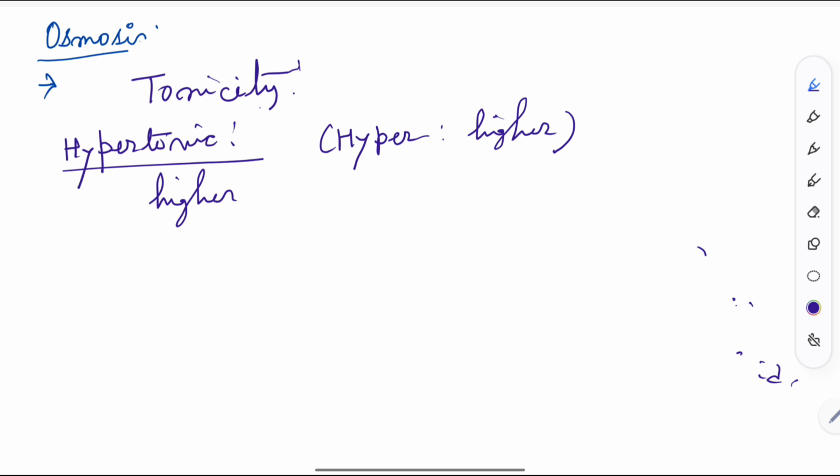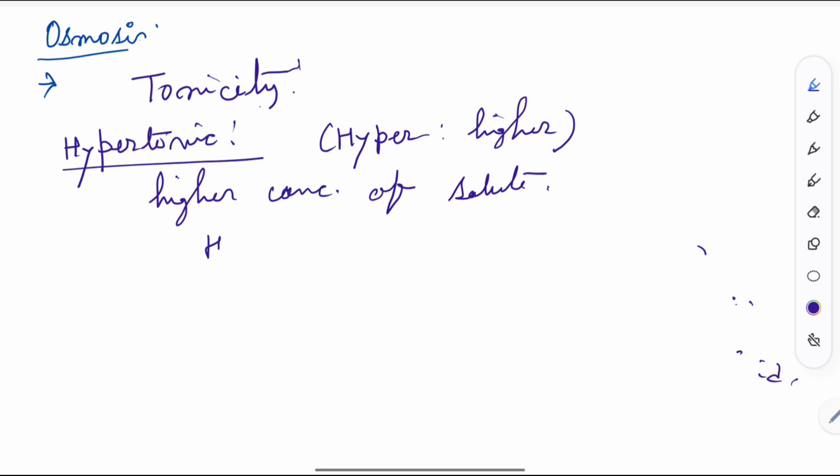So, hypertonic solution has higher concentration of solute. Now, if you put a cell in hypertonic solution, what will happen? You will see exoosmosis. So if you put a cell into hypertonic solution, water will leave the cell. Water will come out from the cell.